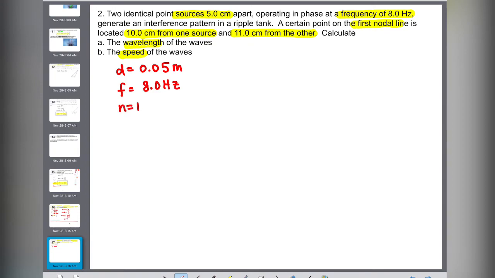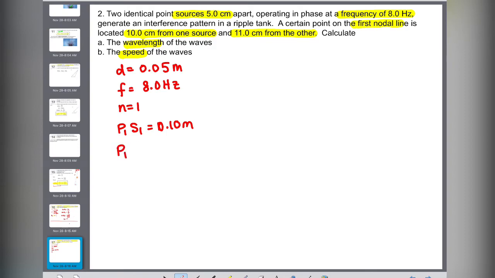From the first nodal line, so we're talking about nodal line number 1, so n equals to 1. The distance, 10 centimeters from one source. This is P1S1, from one of the sources is 10 centimeters.